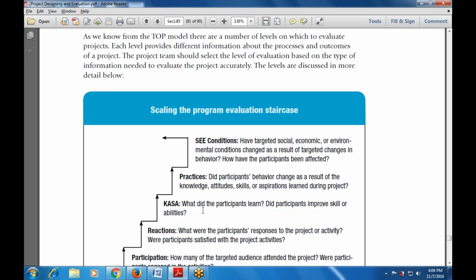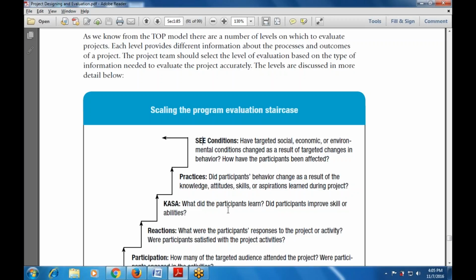That means what did the participant learn? Did the participant improve their ability or skills? So first is what the participant has done.